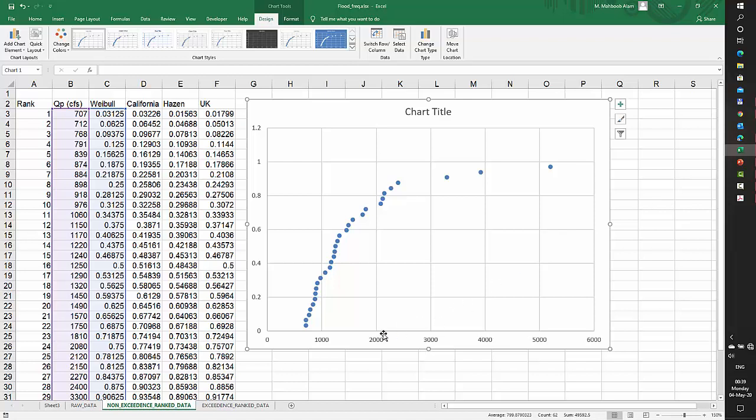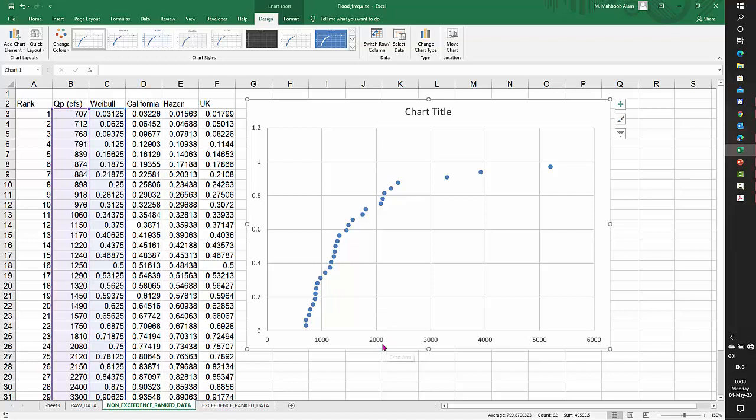For every discharge value we have a certain probability associated with it, and because we sorted our data in ascending order and then calculated the ranks and the different plotting positions, this gives us the non-exceedance probability of each value.